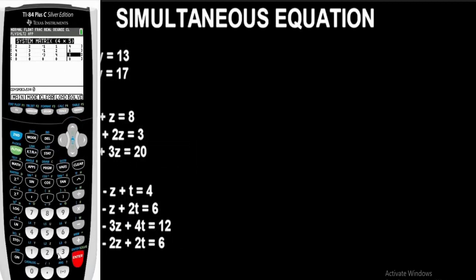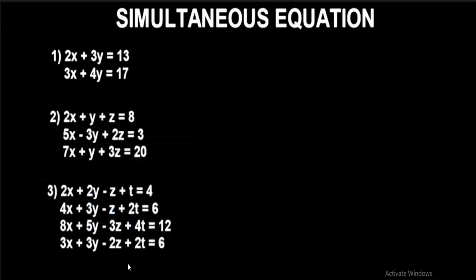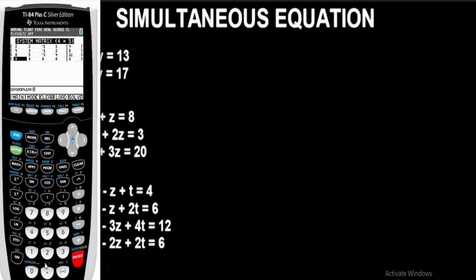And the constant is what, 12. Finally, the last equation, we have 3x, 3y, their respective coefficients are 3 and 3. Okay, so we have -2z, coefficient is what, -2. We have 2t, coefficient is what, 2. And we have constant 6. So that's it, guys. We are good to go.